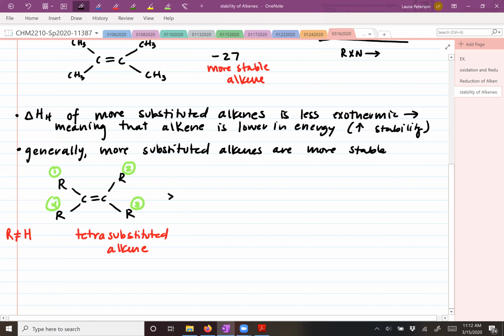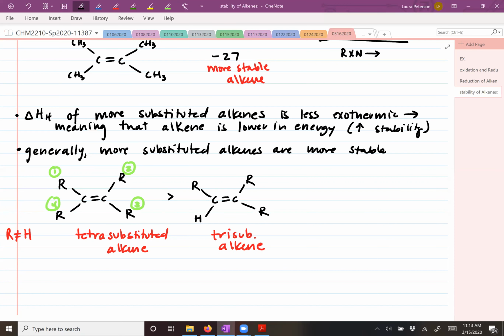Okay, so a tetrasubstituted alkene is generally more stable than an alkene where we only have 3 substituents. So one of those I'm going to replace with a hydrogen, and this would be called a trisubstituted alkene. Then if we take away one more substituent and make it a hydrogen, we have 2 or 3 different ways that we could have a di-substituted alkene.